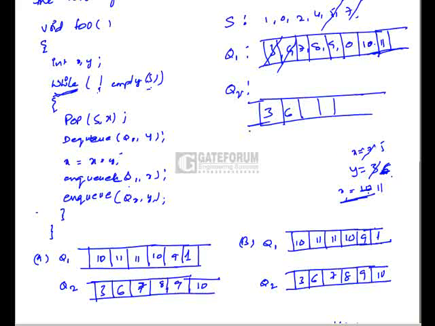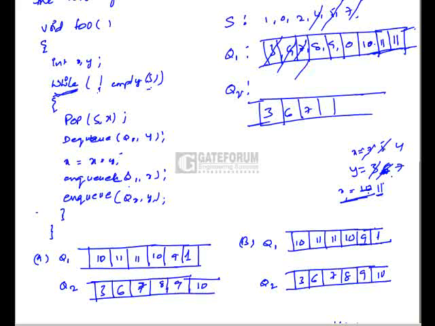The same step is repeated until the stack S is empty. Now 4 is popped out, so x becomes 4 and 7 is deleted, so y becomes 7. We add these two, 7 plus 4, 11. This 11 is stored in Q1 and y, which is 7, is inserted into Q2.